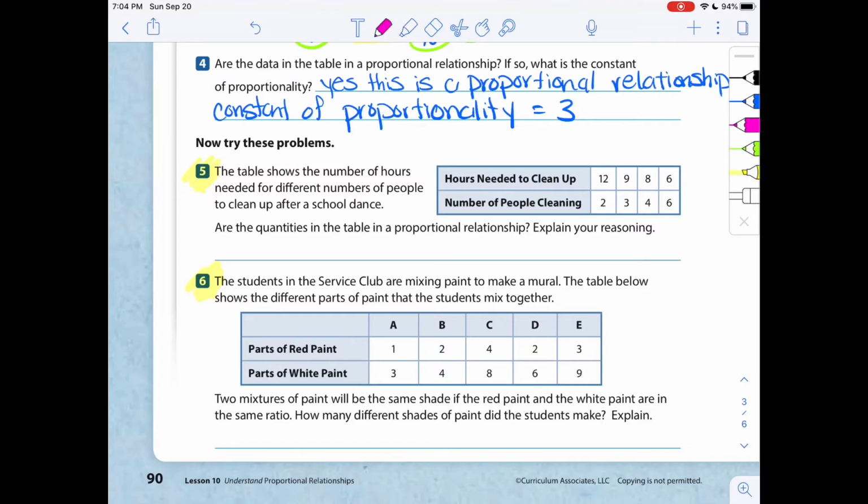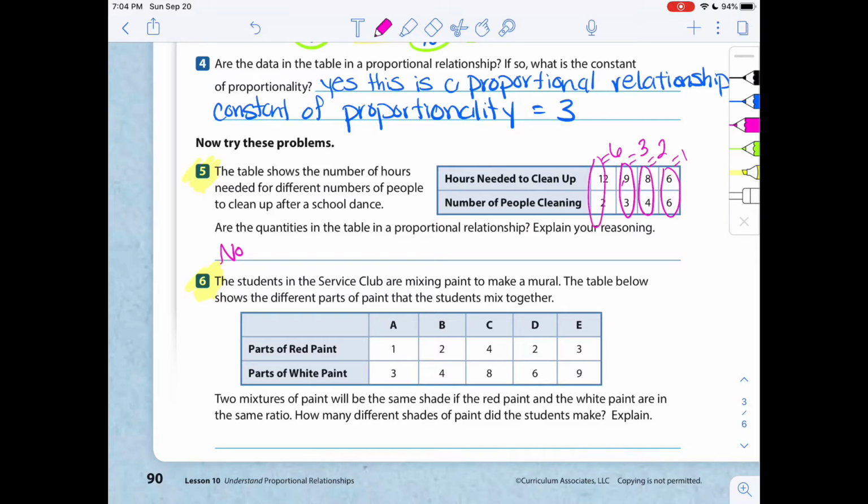When I look at the proportions, 12 divided by 2 equals 6. 9 divided by 3 equals 3. 8 divided by 4 equals 2. And 6 divided by 6 equals 1. So when I divide each ratio, I do not get the same thing.